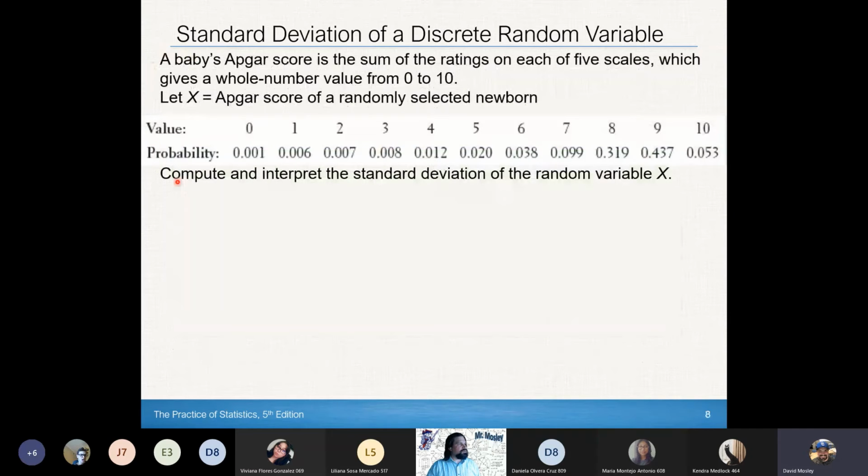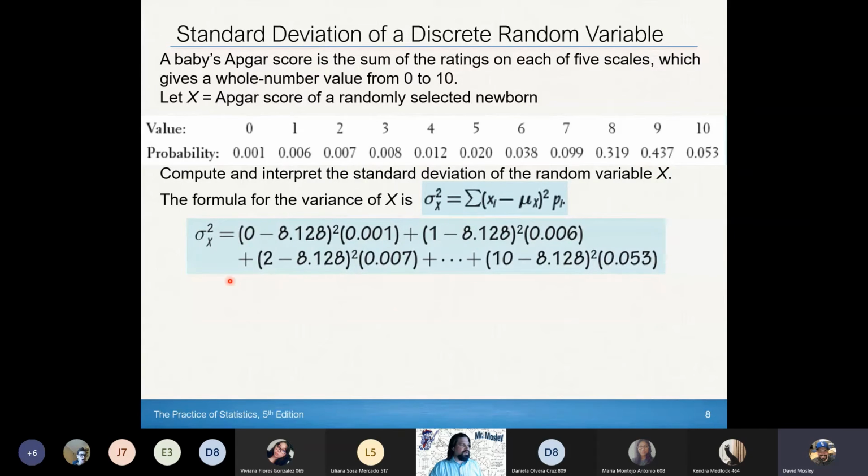So again, we're looking at the same example as previously with the baby's APGAR score. We have our probability distribution, and we're going to compute and interpret the standard deviation of the random variable x. Our formula for the variance of x is given as we saw on the previous slide.